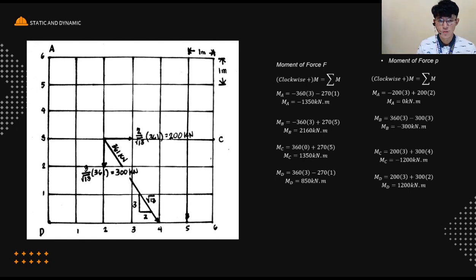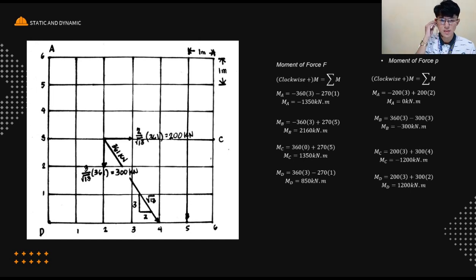So, moment A equals negative 360 dahil counterclockwise times 3, which is yung distance niya from the A. And then minus 270, again dahil nga counterclockwise, times 1, which is yung distance niya from the A ng isang force. So, makukuha natin sa moment A is negative 1,350 kN meter.